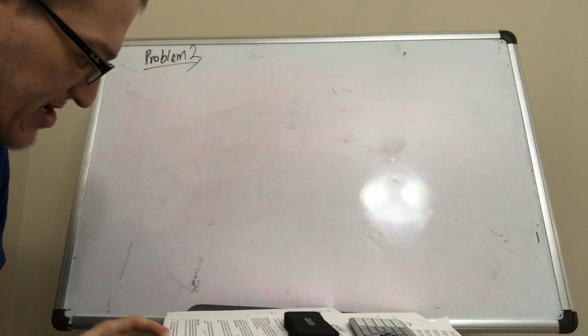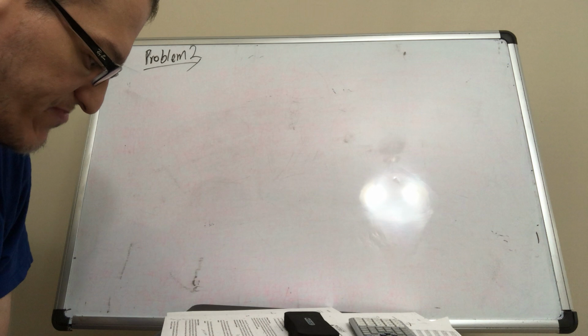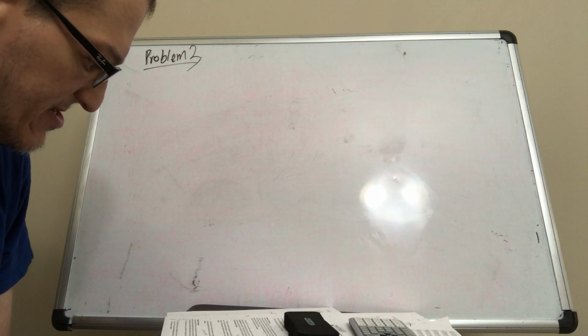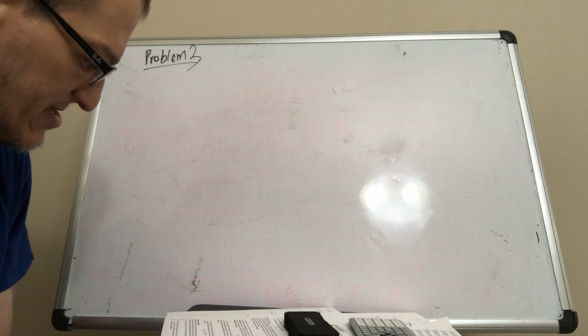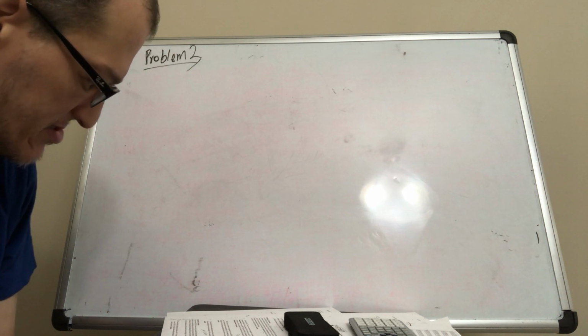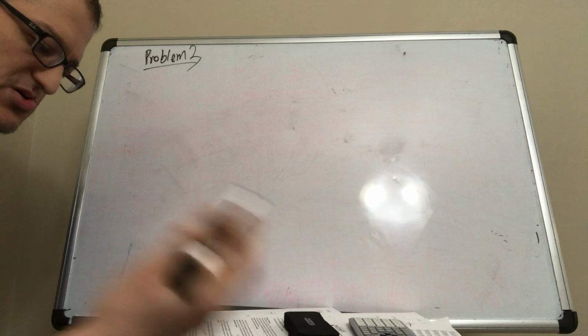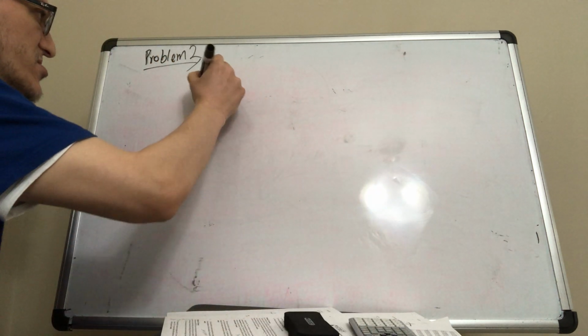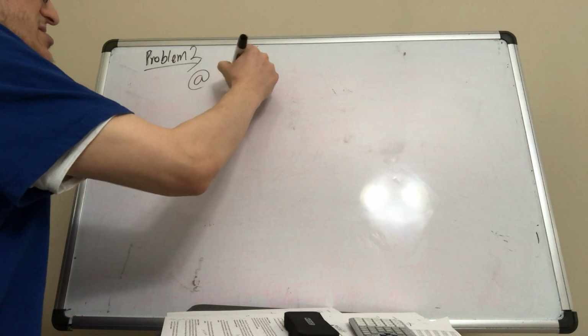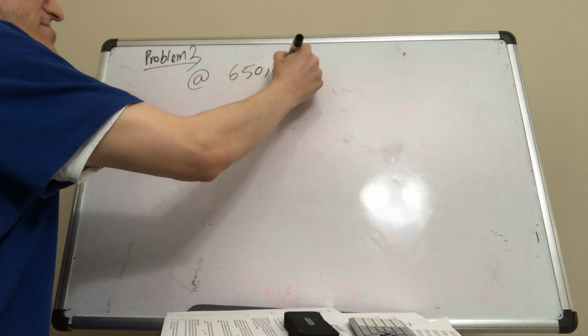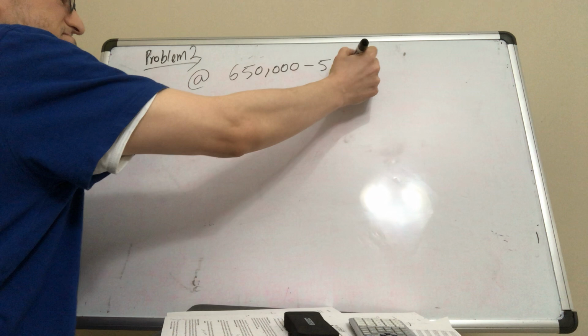You've saved 50,000 for a down payment for some property to build a home. Now, the land and the building will cost 650, but you have the 50,000 down payment. How much do you need to borrow? Well, we need to borrow this amount minus.